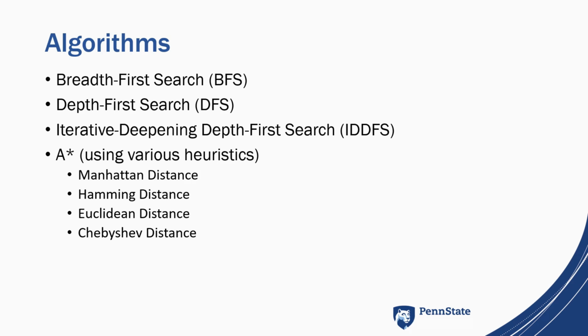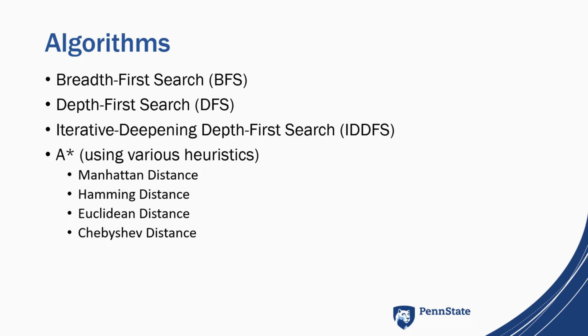Next is depth first search, or DFS. DFS explores each possible path as deeply as possible before backtracking. This approach can be more memory efficient than BFS, but it doesn't guarantee the shortest path. There's also the risk of getting stuck in deep, irrelevant branches, especially in large puzzles. Iterative Deepening Depth First Search, or IDDFS, combines the benefits of both DFS and BFS.